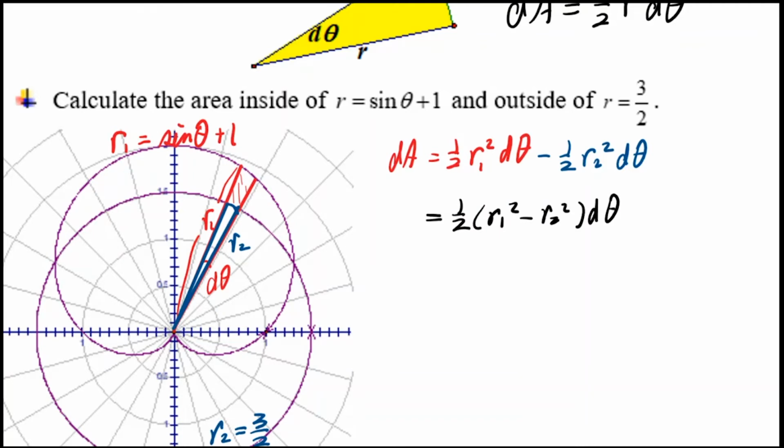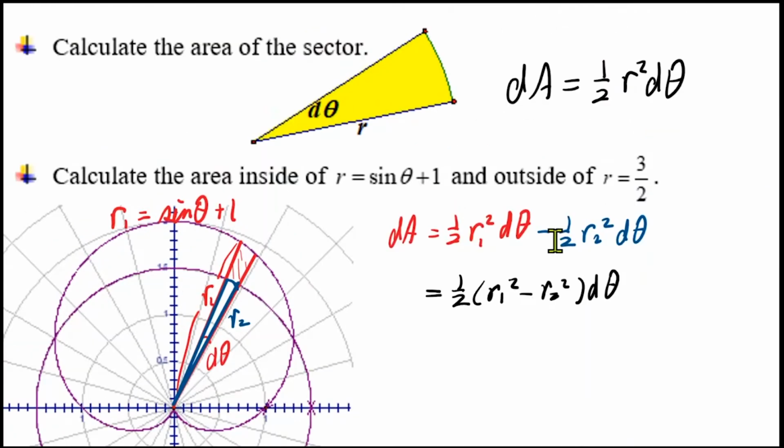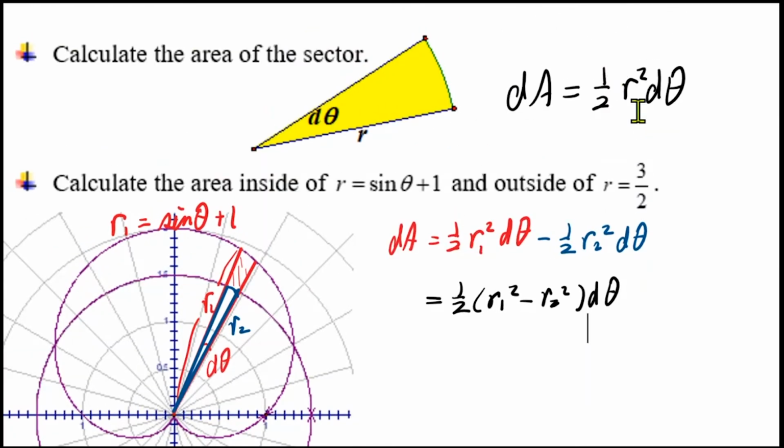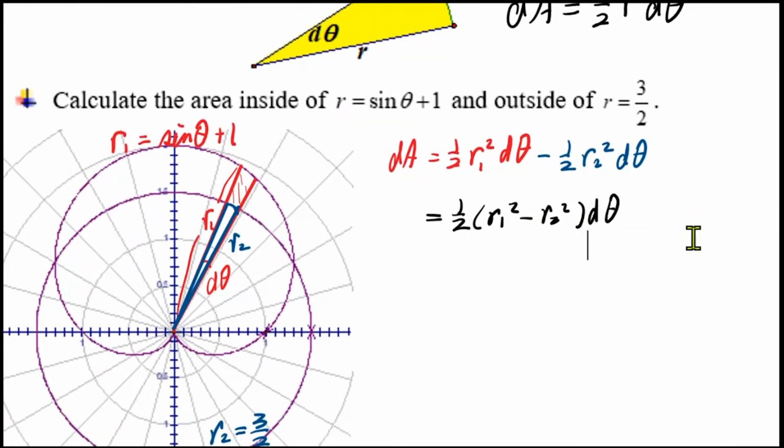This is generally how it's going to work out. You get it? Because if it's the area between two curves in Cartesian coordinates, it was just y1 minus y2, right? This naturally is a difference of squares, and that comes from the area of a sector formula itself having an r squared in it. Get it? So let's not get that one confused. And once again, it's not the quantity squared, it's the difference of squares, okay? Very, very important concept.